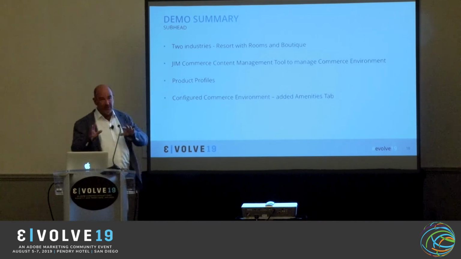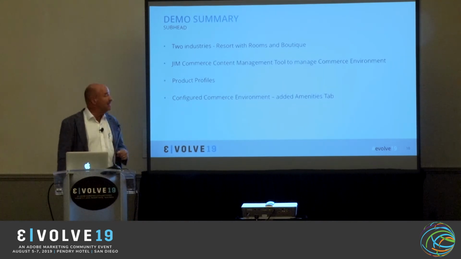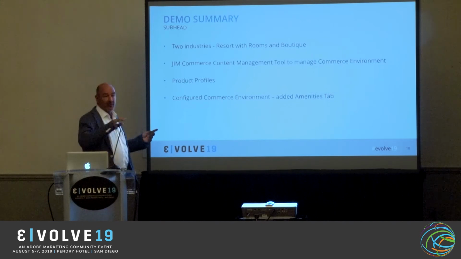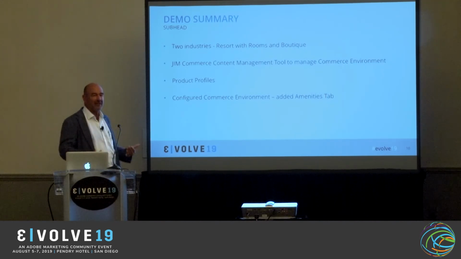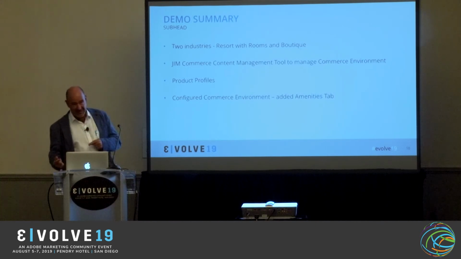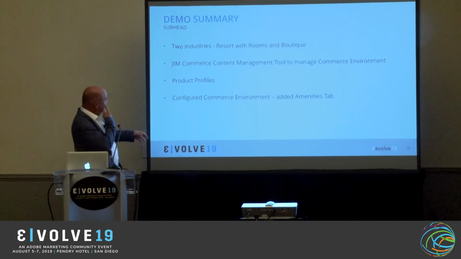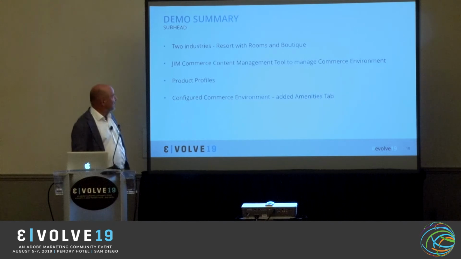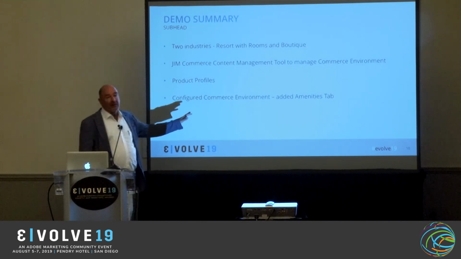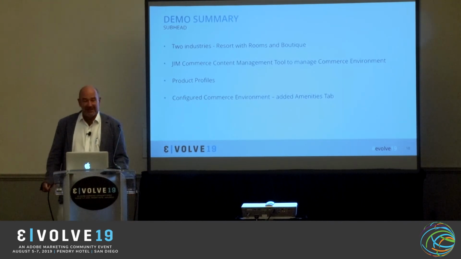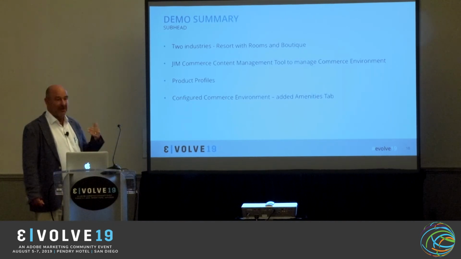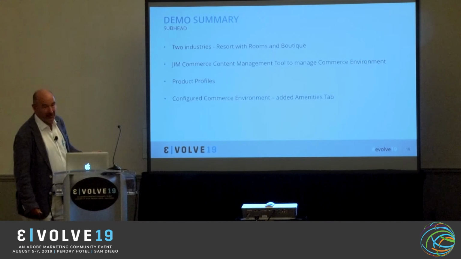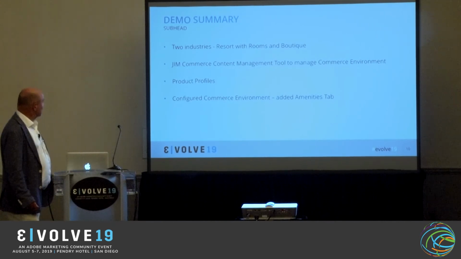We didn't have the GUI in there. I showed you via CRXDE, but there's of course a GUI where you can create new tabs, add new content elements, similar to what you would do with a dialog, except not the developer does the dialog, the authors will do it. Then we looked at the product profiles, and we resolved that little teaser in the video.